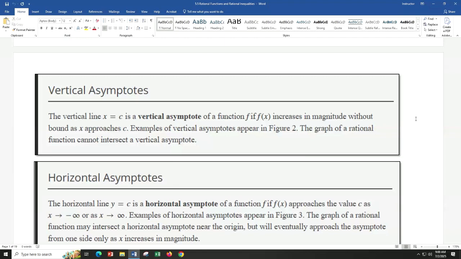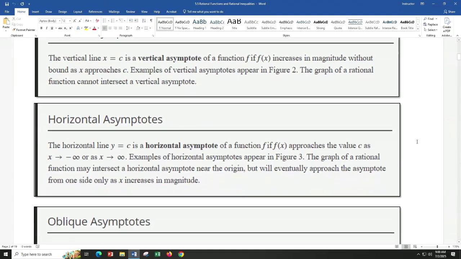Horizontal asymptotes, like a horizon. The horizontal line y equals c is a horizontal asymptote of a function f if f of x approaches the value c as x goes to negative or positive infinity. Now that little arrow there, everybody remember what that means? It means approaches.